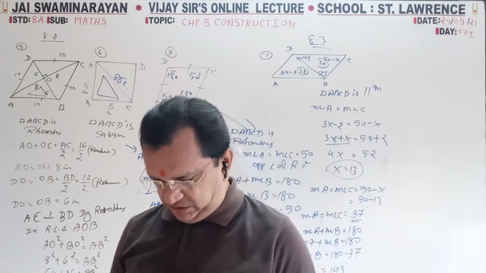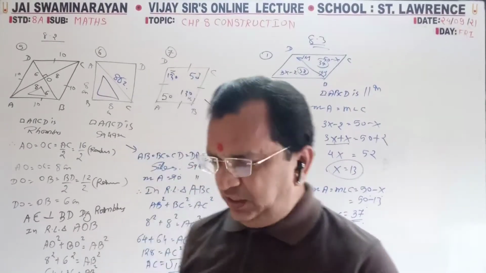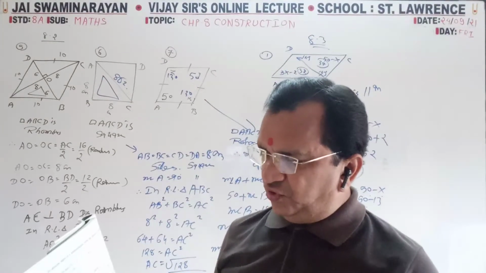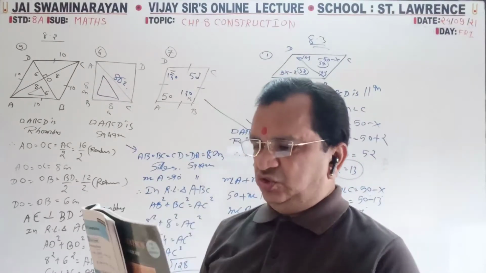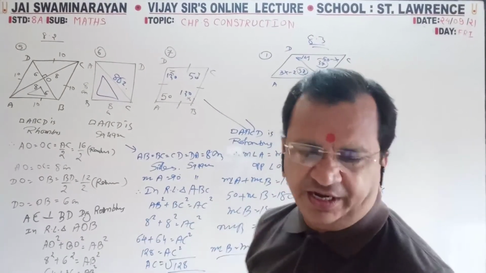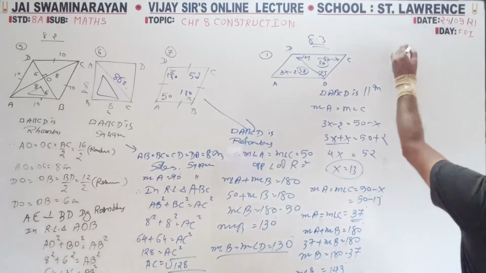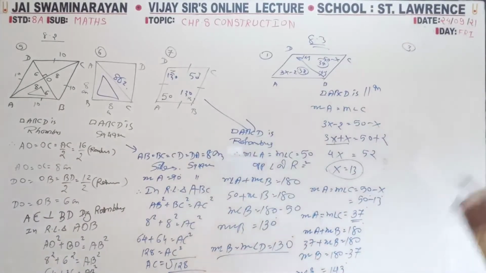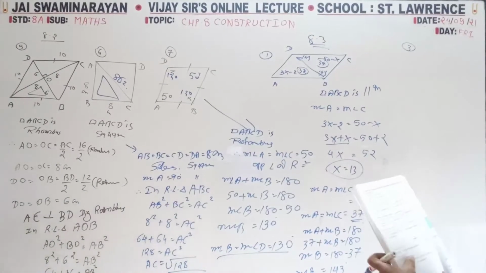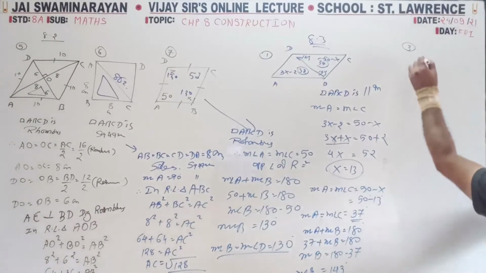On page number 50, second and third questions are there. 4th, 5th, 6th cancel. So we will do first, third, and then calculation at the end. So construction first. Construct a parallelogram. So roughly draw the parallelogram.